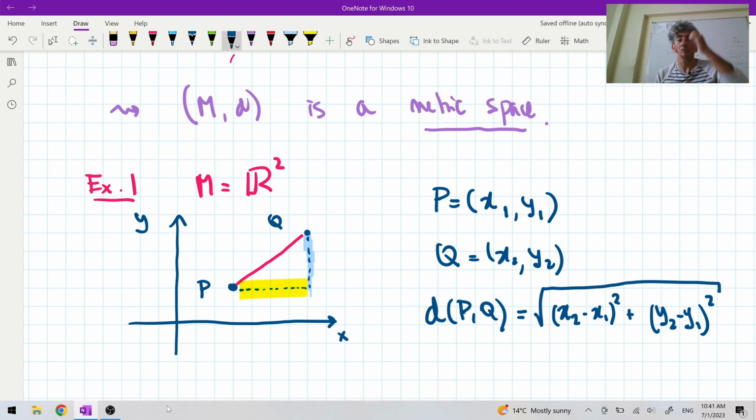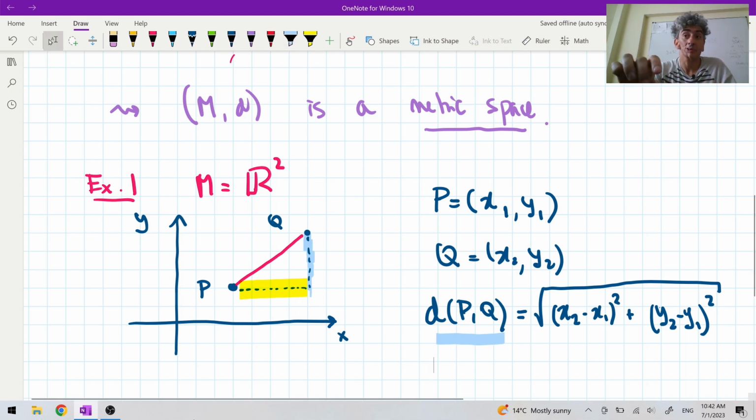Okay, and that's the distance between those two points. We need to check that this function d actually satisfies everything that we ask. The distance between P and Q is always going to be a non-negative number since it's a square root of a non-negative number. It is obviously commutative because the square eats up all the signs.